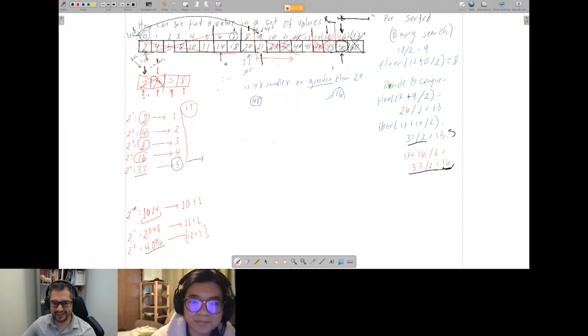So let's say I am looking for 15, and let's say that I only have these two elements right here, 14 and 18. This is left, and this is right. 15 is not here, but 15 should be after, right? I am looking at 14. 14 is also the middle.